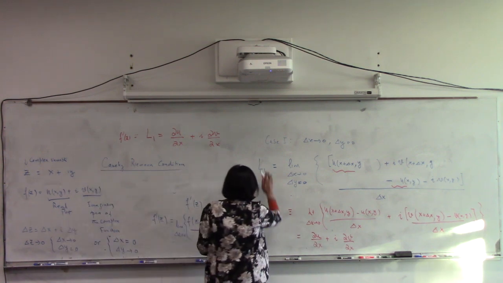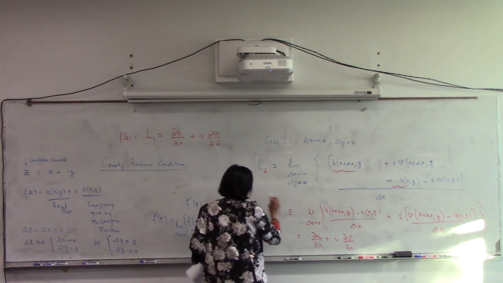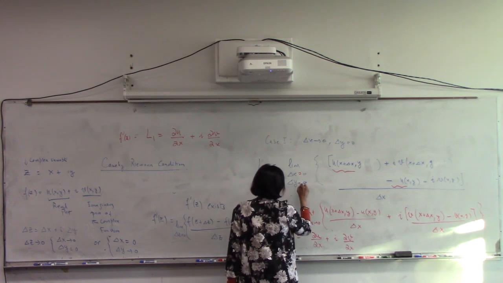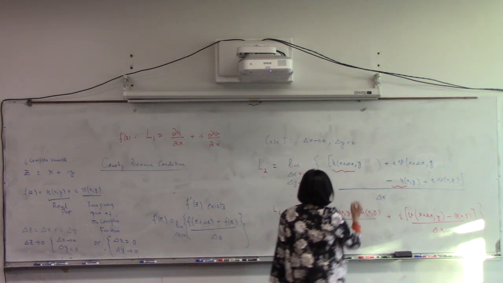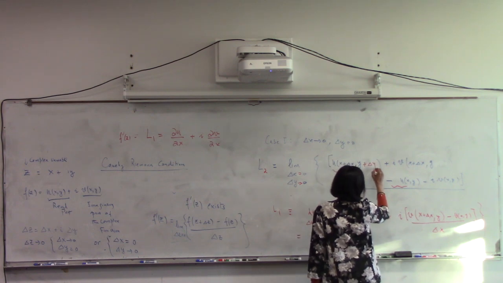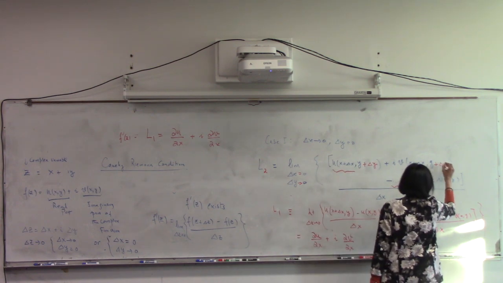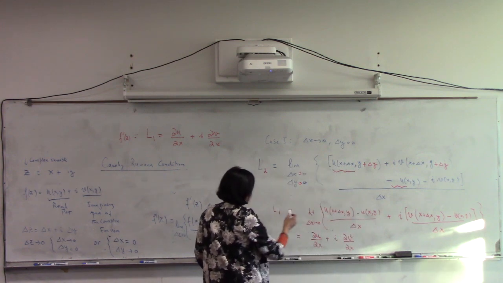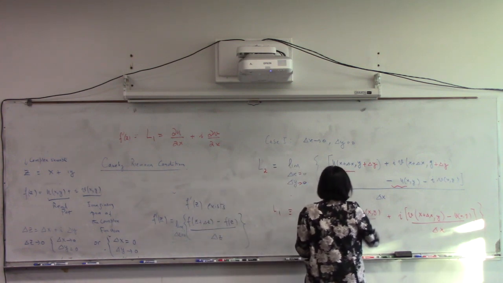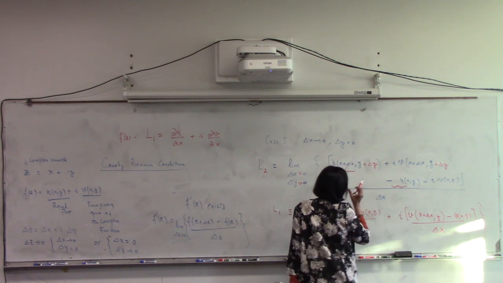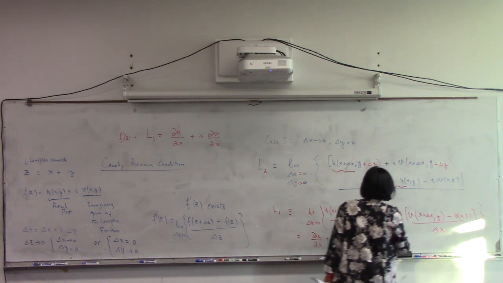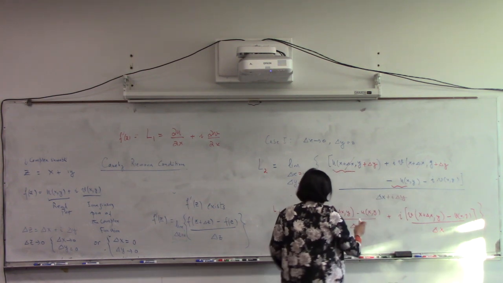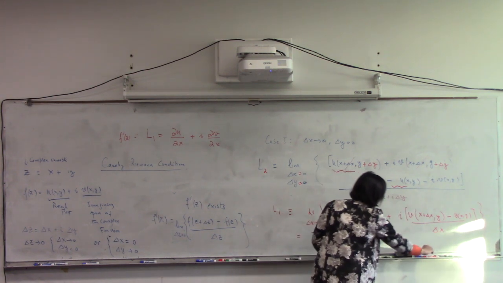Now the same thing if I did for L2, the other one, with delta x identically equal to 0 and delta y tending to 0. Let me write down the full expression first and then we can do it. So now it's the other way around. So we have this is 0, this is 0. So when I put that, now this one goes away.